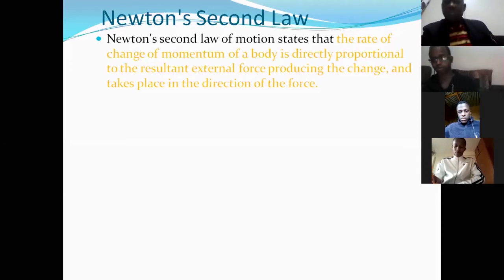If you don't speak a law, you can't recall it. So the rate of change of momentum of a body is directly proportional to the resultant external force producing the change, and it takes place in the direction of the force.